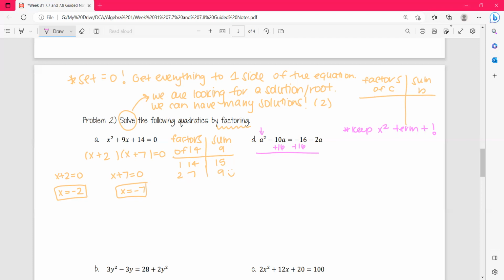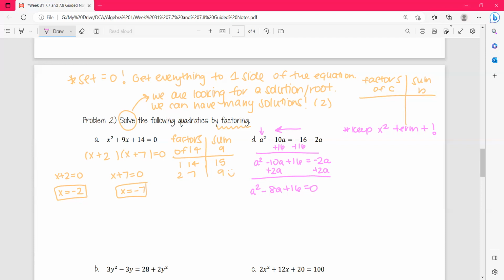We're going to keep it there and move everything to the left side. So now I'll have a squared minus 10a plus 16 equals negative 2a. Right? We just moved the 16. Now we're going to add the 2a over. And that one does have like terms. So I'm going to have now a squared minus 8a plus 16 equals 0.